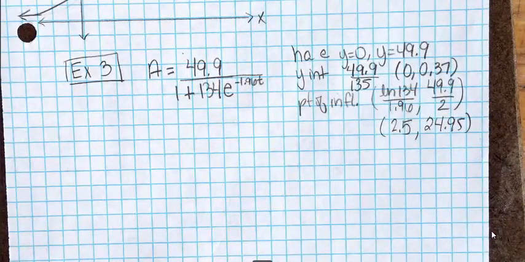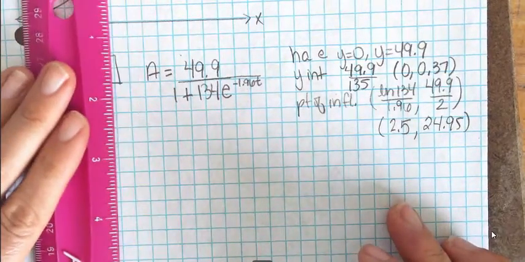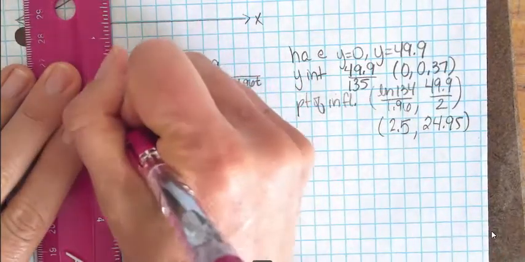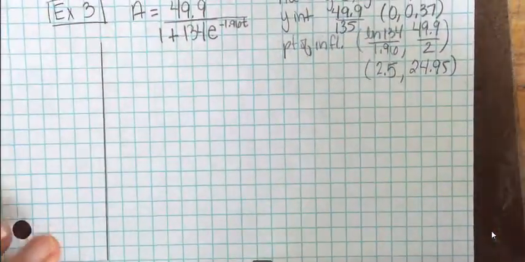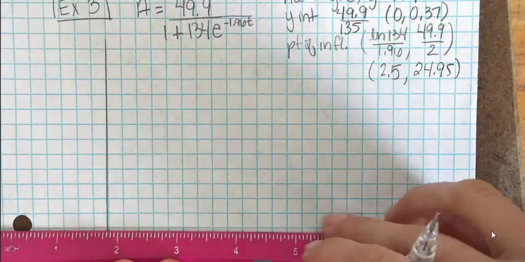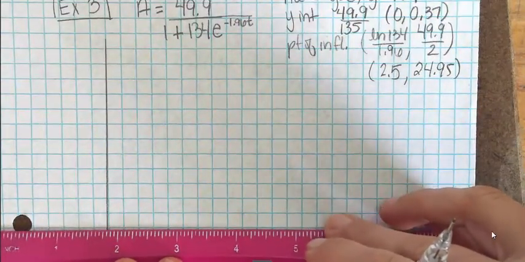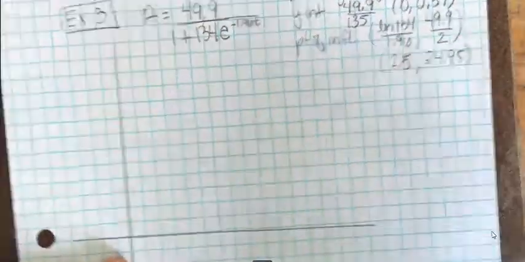Okay, so now graphing that, I know I need to go all the way up to 50. So maybe I'll go by tens. Oh, that wasn't a very straight line. That's okay.